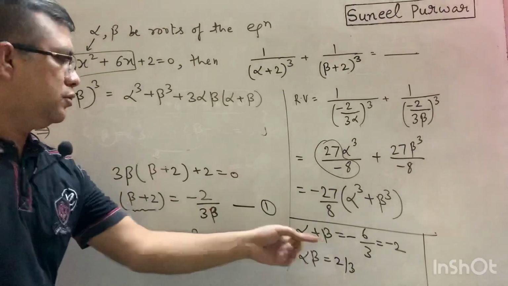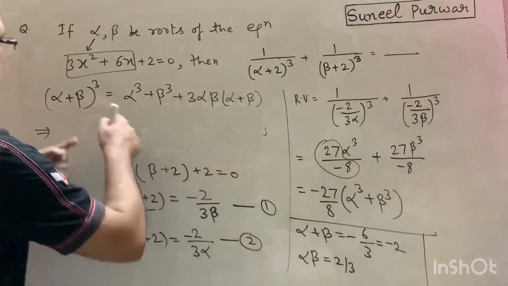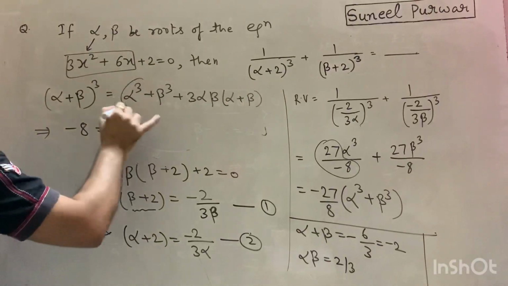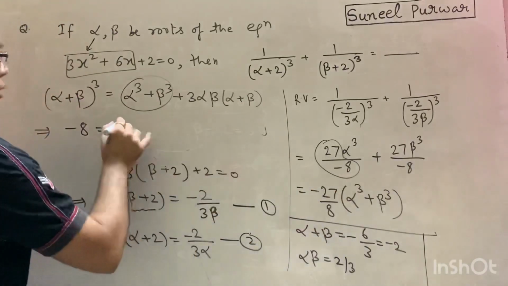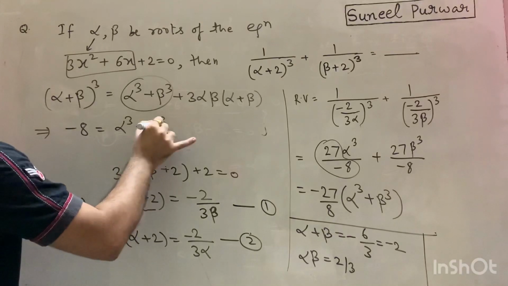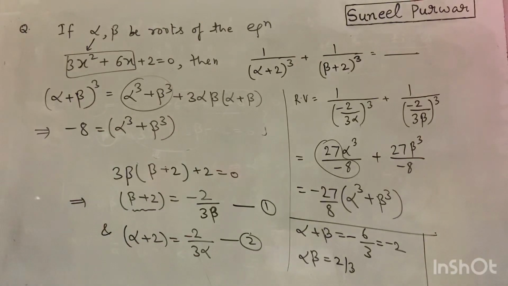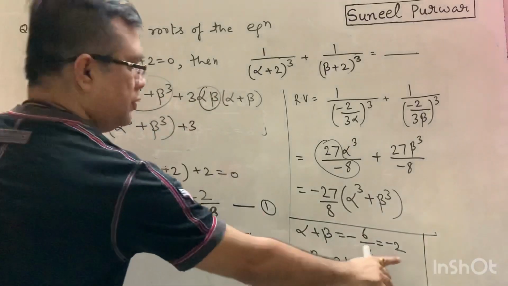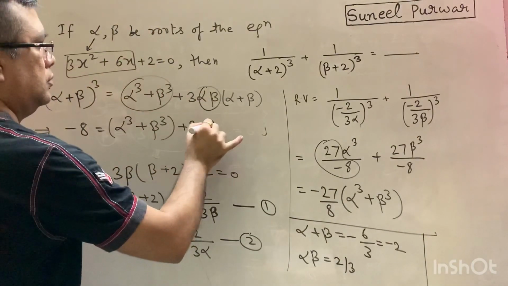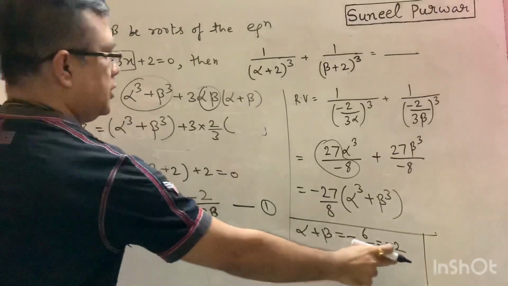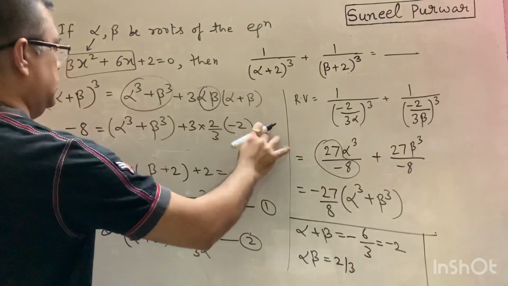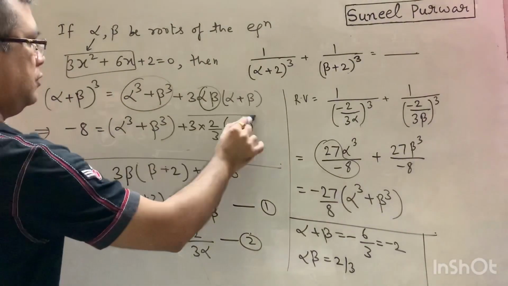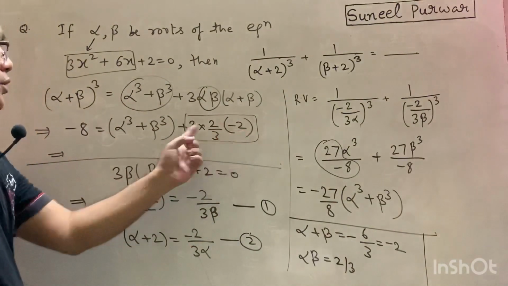Put these numbers over here. Minus 2 whole cube becomes minus 8, which is equal to alpha cube plus beta cube, the required value needed here, plus 3 times the product of the roots, which is 2 by 3, and alpha plus beta is already minus 2. So what is this value finally? Minus 4.